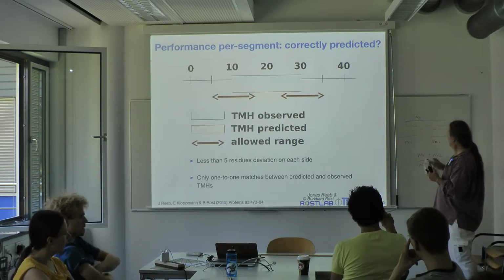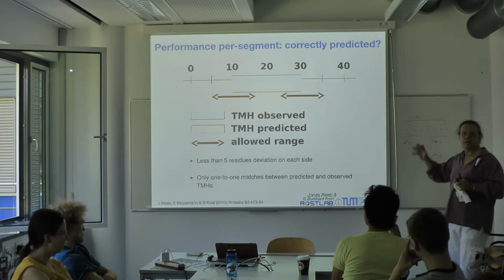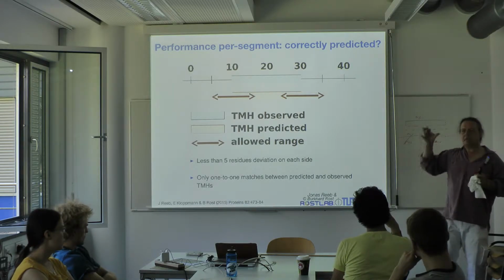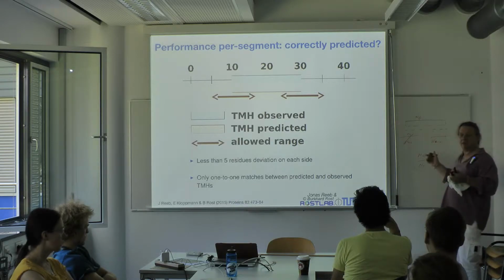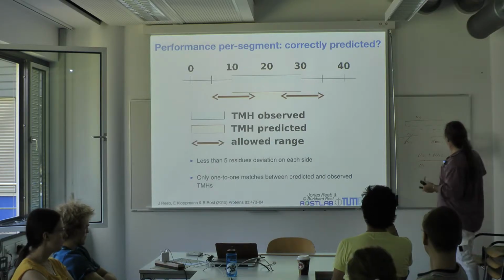So what you could do is argue, okay, I count my helix only once. I map predicted and observed helices, and I have one map, whatever is the largest overlap. This is in fact one way of doing it, and we have been doing this.